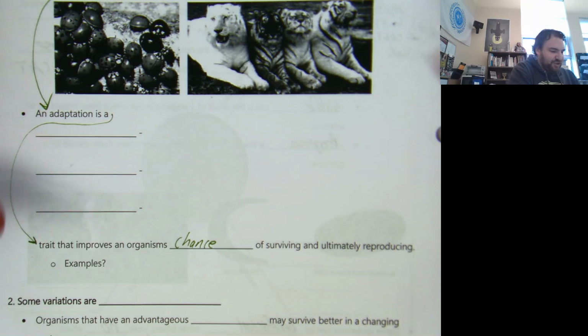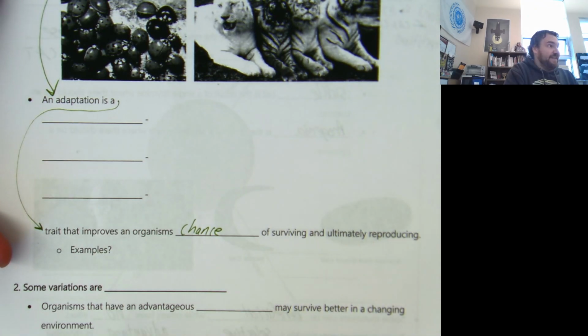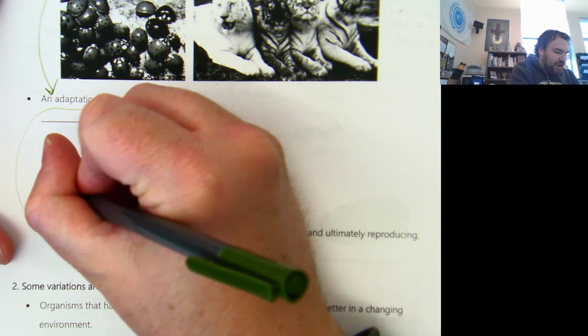Okay, so the example that you just gave me is changing fur depending on the species. Okay, cool. So that particular kind of adaptation is called a physiological adaptation.